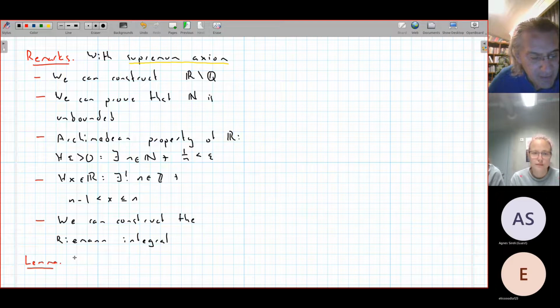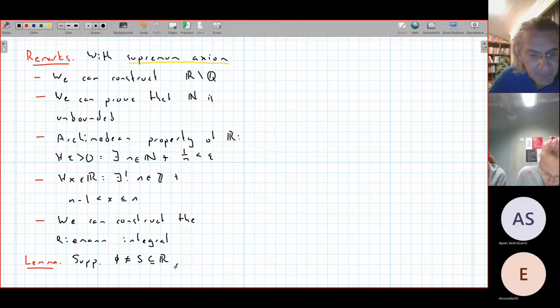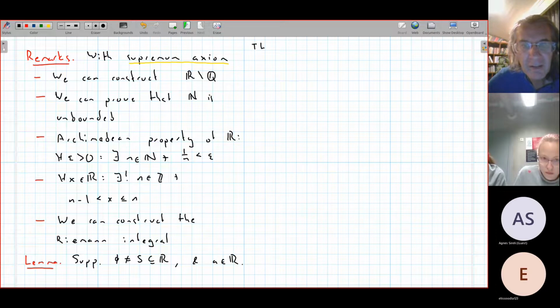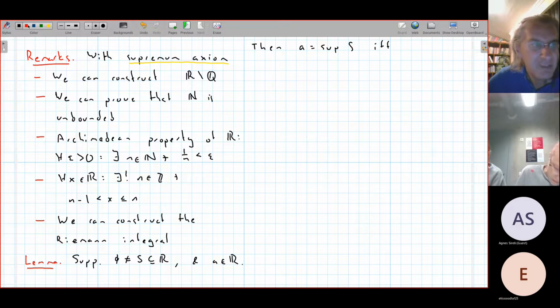This lemma tells you, suppose that S is a subset of the real numbers, which is non-empty, and suppose that A is a real number. Then you have that A is the supremum of S if and only if the following two properties are satisfied.